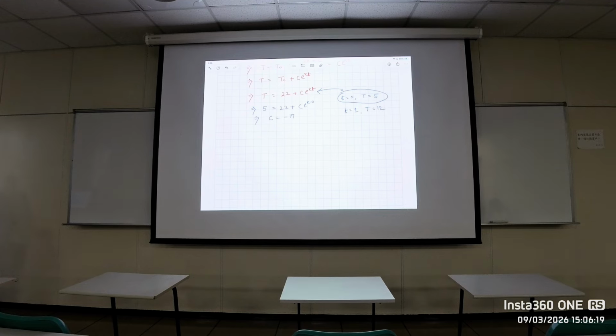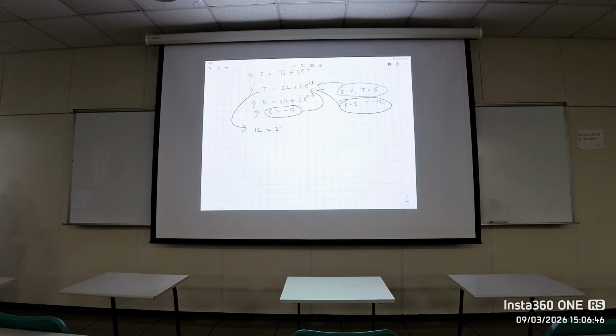So I found this other value. Right? So now the next step, I will put this value and this value into the same problem again. Then I can rewrite this one as 12 is equal to 22 plus minus 17 e to the power k into 1.